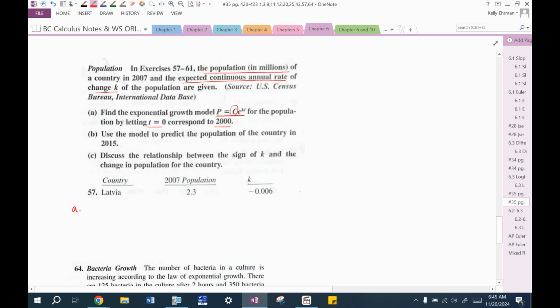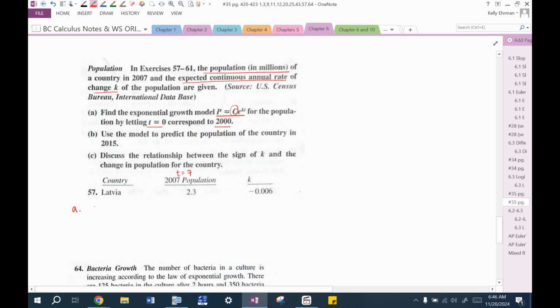So for part A, we're just trying to find the model, so we need to figure out what C is. Now, if 0 is 2000, sorry, this is the 2007 population. So that means t equals 7 when the population is 2.3.